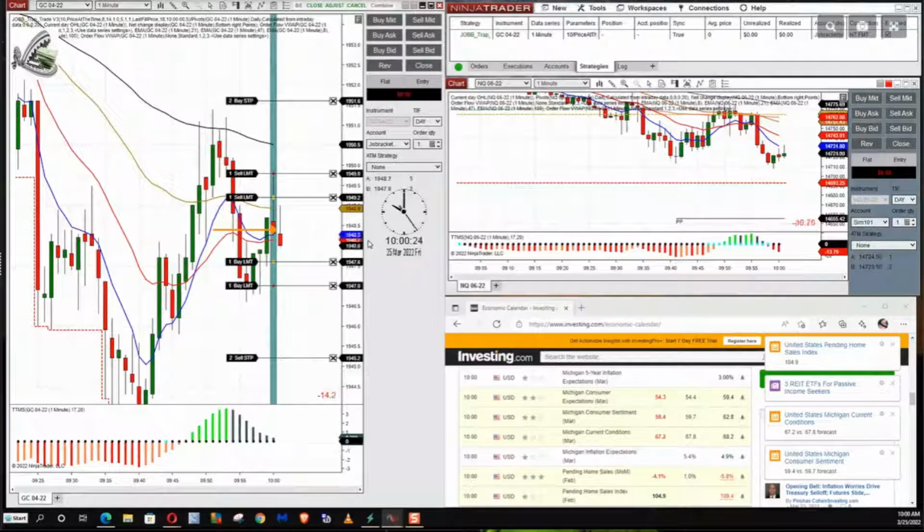It's not radical. I'd probably give it a minute. If it doesn't fill in a minute, I think it's going to fill. But not a big reaction to the report, honestly. Not a very big reaction.